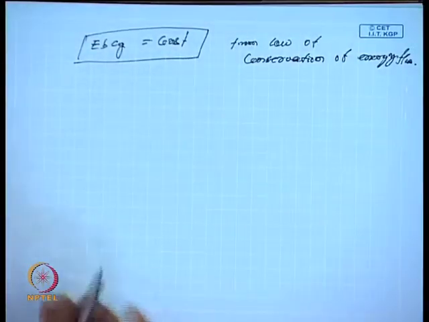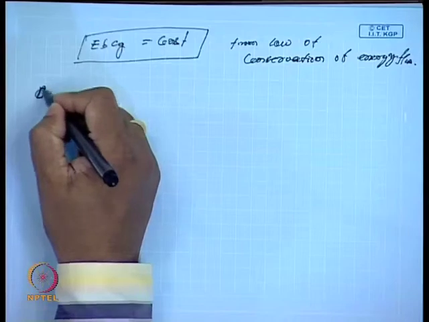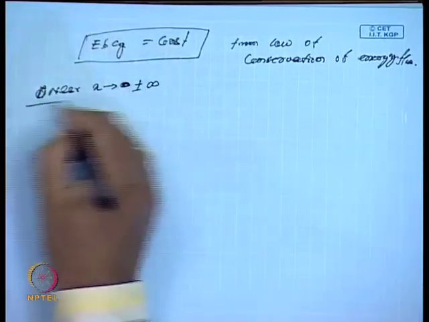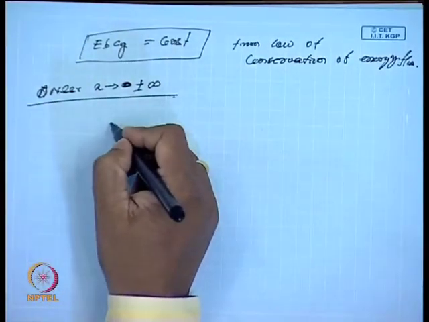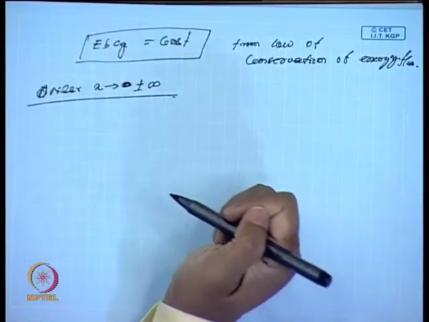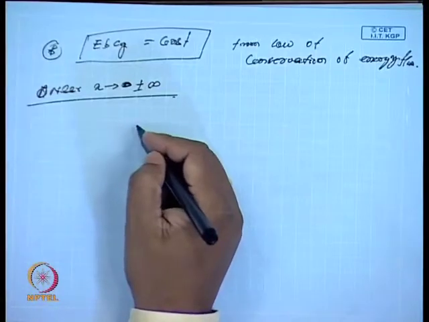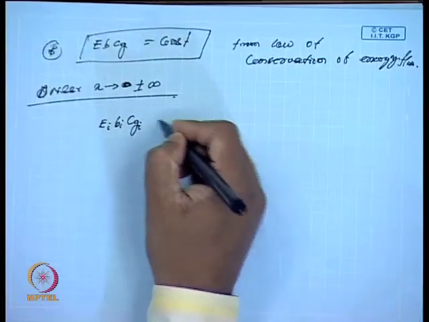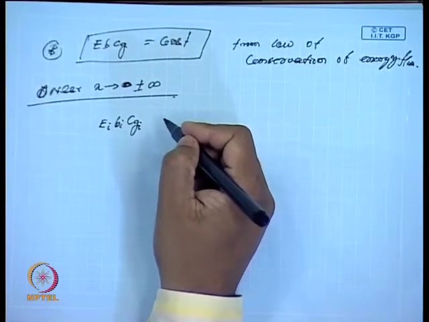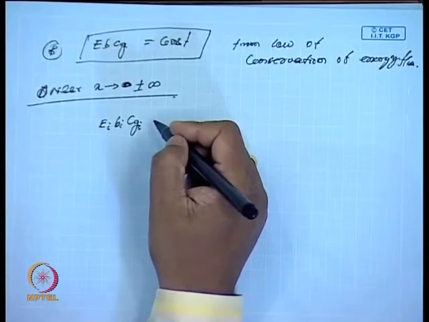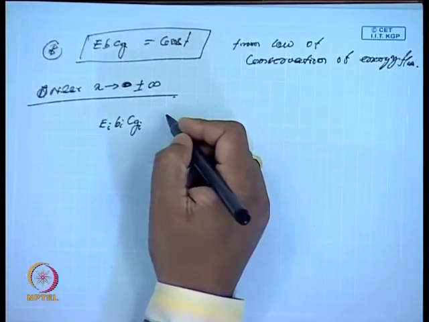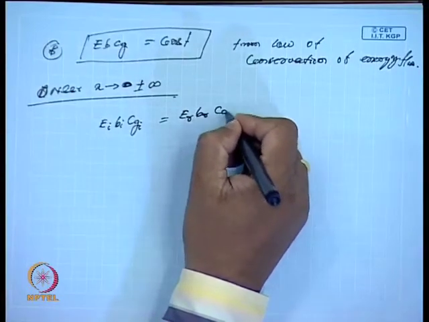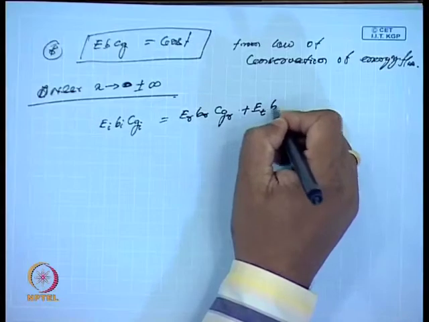So, if I look at the far field as x tends to plus or minus infinity, I can always say that E I, B I, C G I is equal to E R, B R, C G R plus E T, B T, C G T.